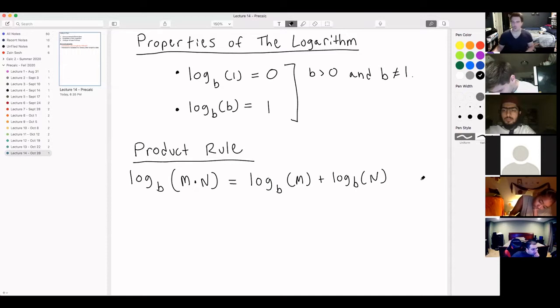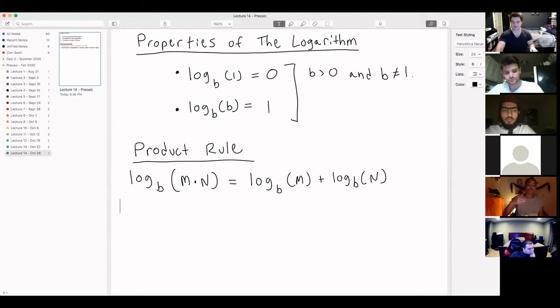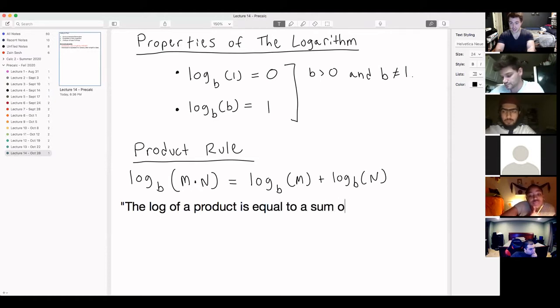Okay, so what this property is telling us is I can split up the logarithm of a product. The product here is m times n. I can split up the logarithm of a product as a sum of logarithms. And by sum, I mean addition, log plus log. This is just the way mathematicians will phrase it sometimes: the log of a product is equal to a sum of logs.